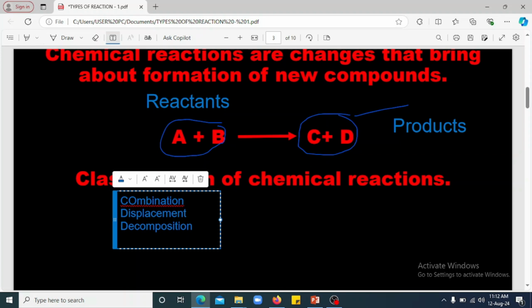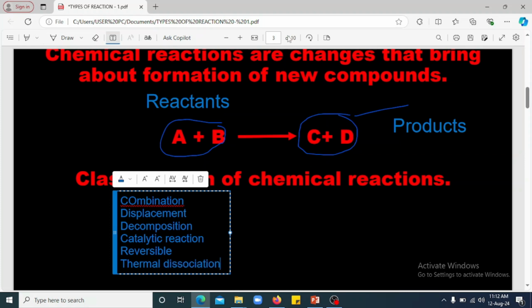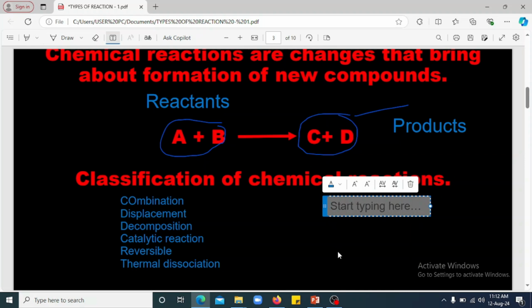Decomposition. We also have catalytic reaction. There's what we call reversible reaction. There's what we also call thermal dissociation. We have oxidation, and we have reduction.